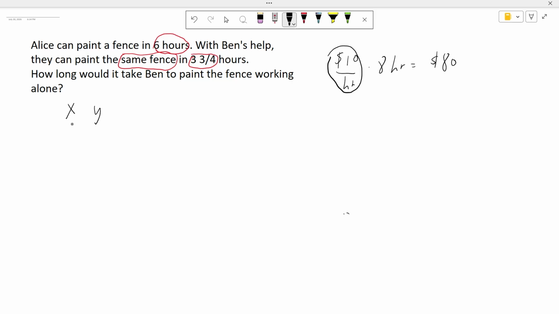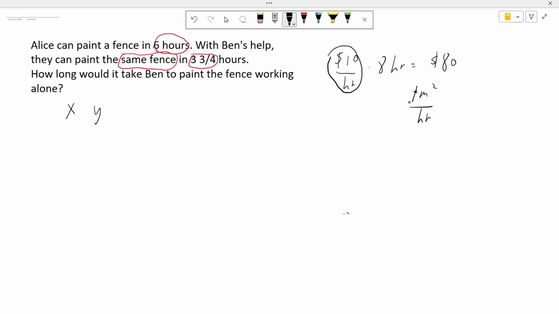We can have a similar thing for this scenario. It's not going to be dollars, but some section of the fence that's painted, say 1 meter squared per hour. That kind of thing is a rate also.